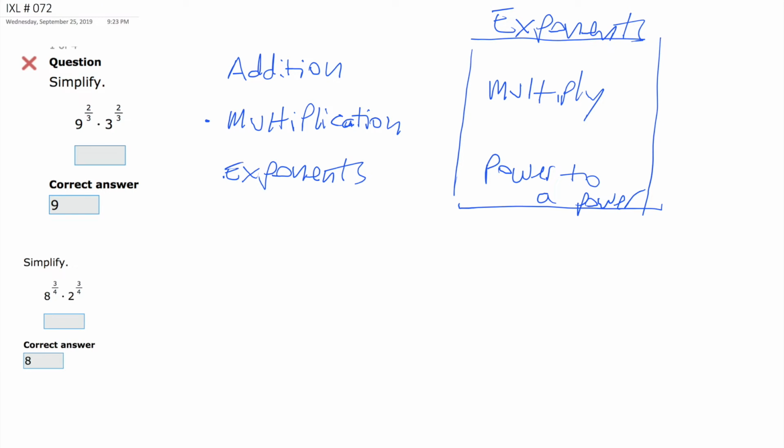So an example of multiply would be like 3 squared times 3 to the 5th. And power to power would be like 4 to the 7th to the second power.